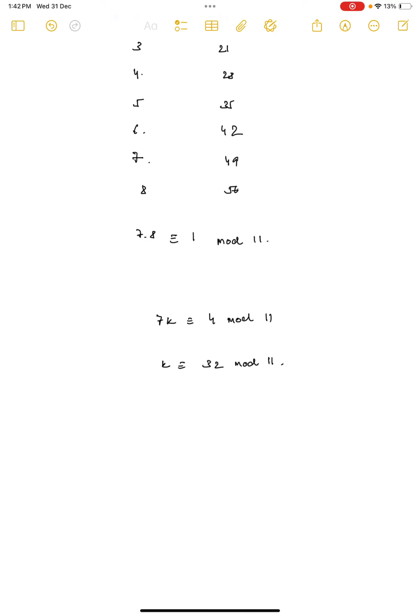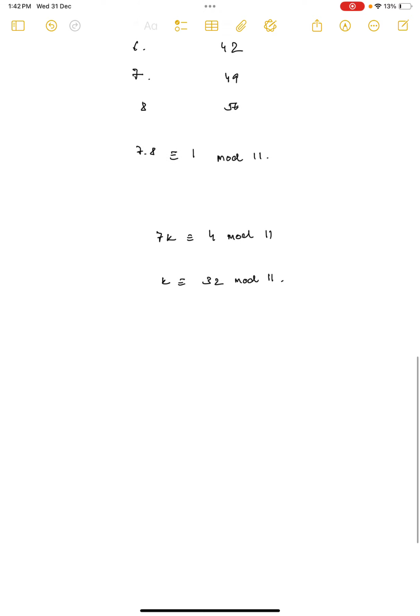So this is equal to, now 32 is basically 22 plus 10. It's 10 mod 11. k is congruent to 10 mod 11.